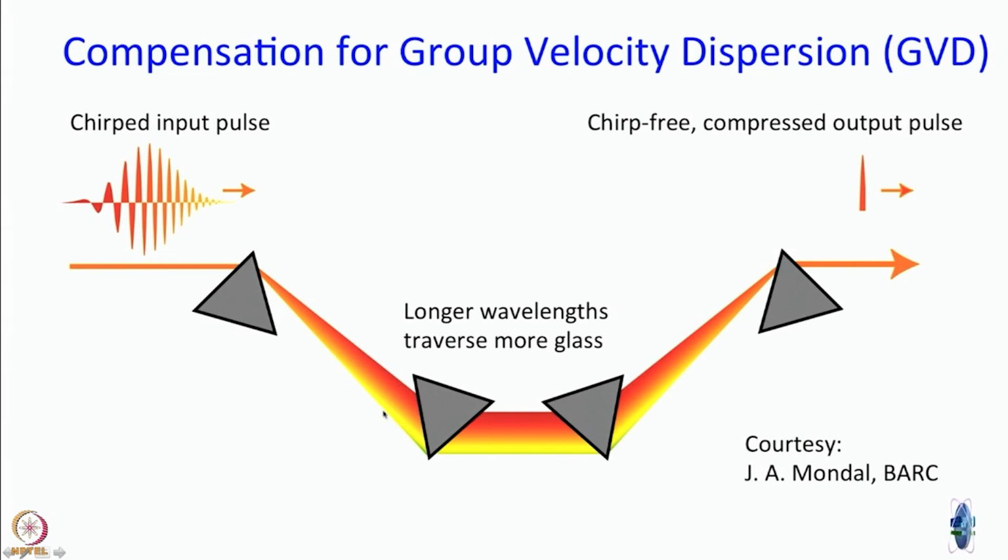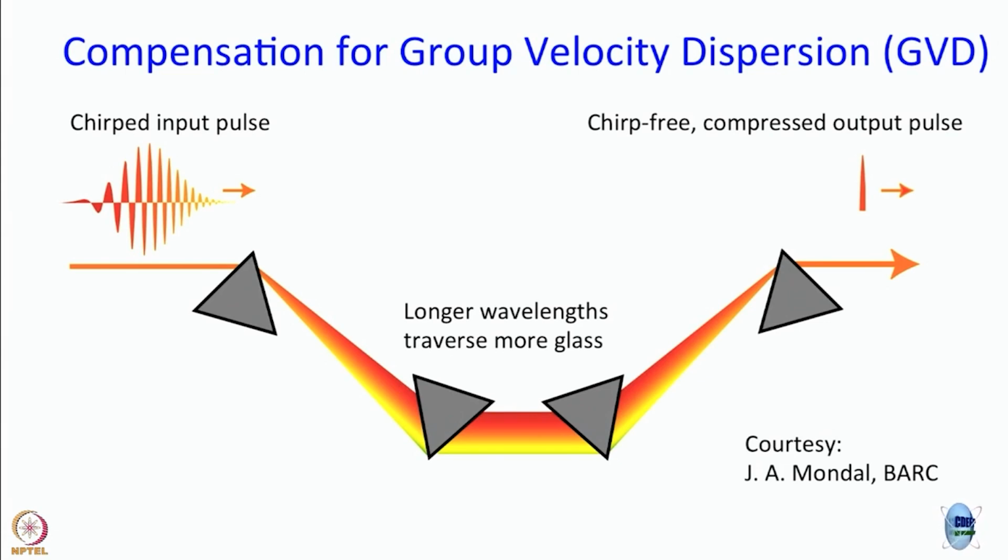So, we have given a bigger path length to the yellow beam, I am not saying yellow color, the color that I have used to depict the beam here, and I have given a smaller path length to the frequency that I have depicted in red. Okay. So, if red was trailing with respect to yellow in this region, then that would be compensated for. Have you understood? So, this is how GVD dispersion is done.